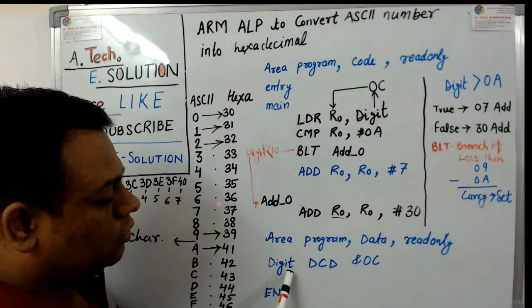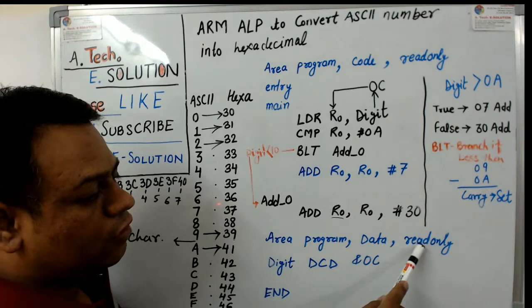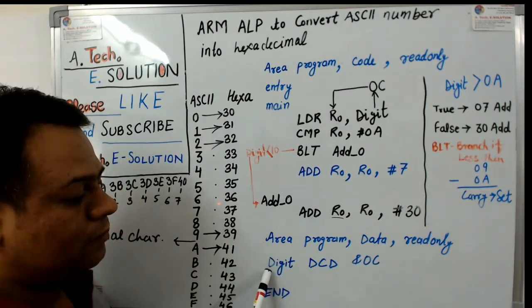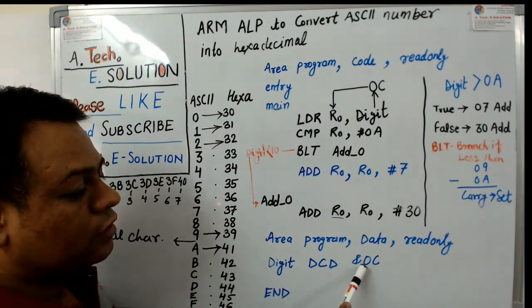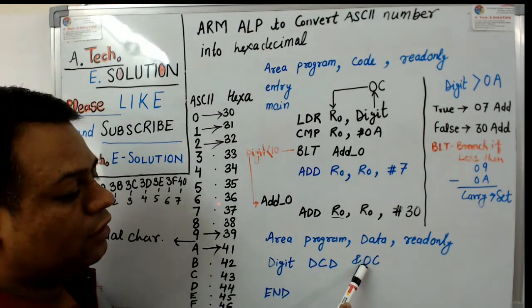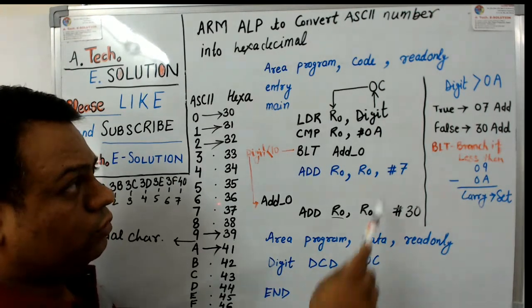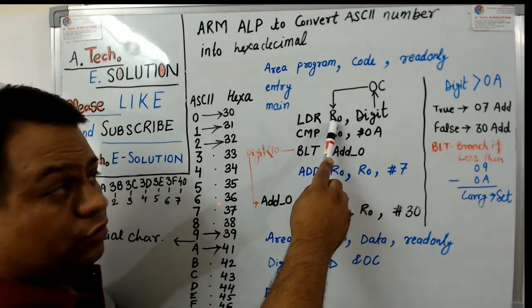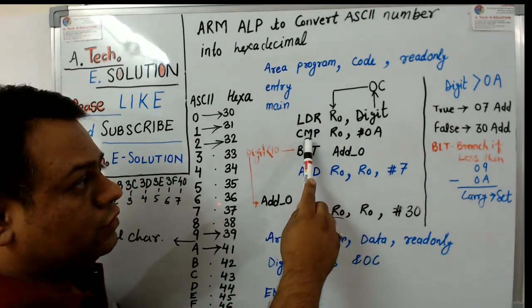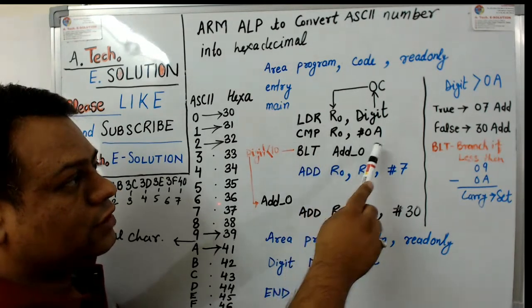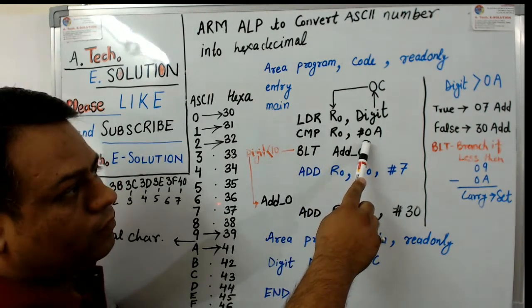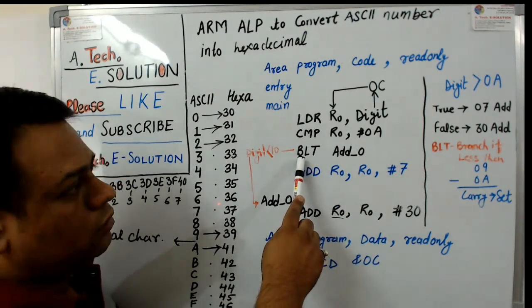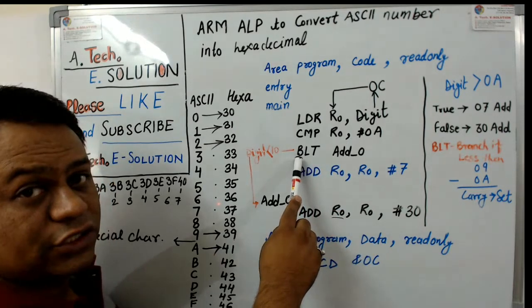So here, AREA program data read only, in this section we define digit as a variable which contains the 0C ASCII character. So 0C is loaded into the R0 register, and this R0 register is compared with 0A. Then we assign the BLT instruction.